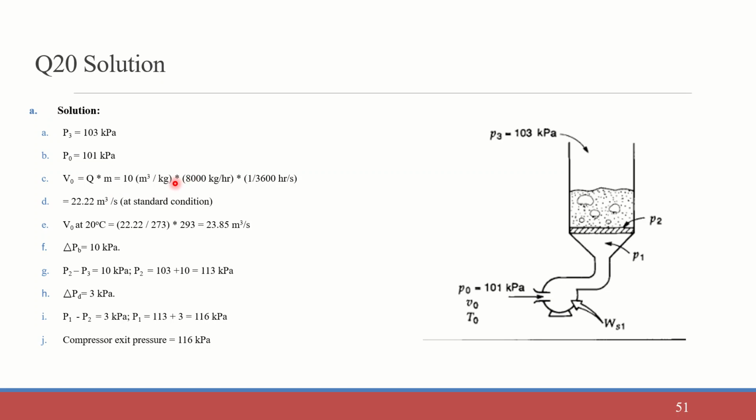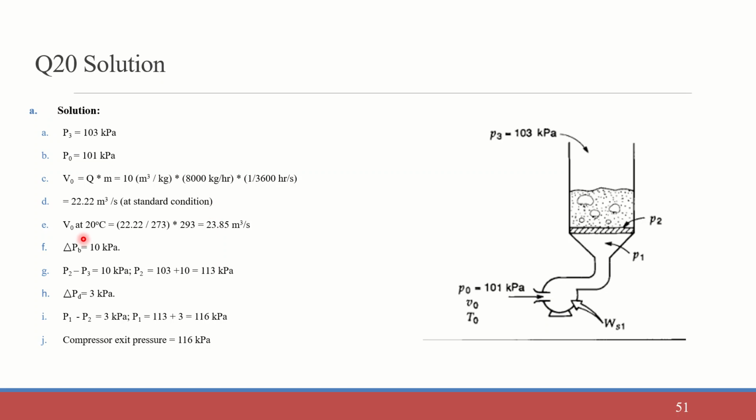And what are we getting? Kg and kg get cancelled and we are left with hour. We divide by 3600 seconds per hour, so hour gets cancelled and we are left with meter cube per second. So it is 22.22 meter cube per second at standard condition.